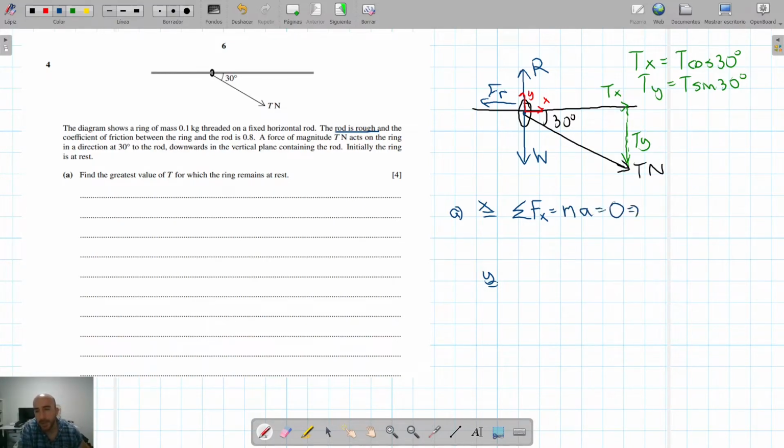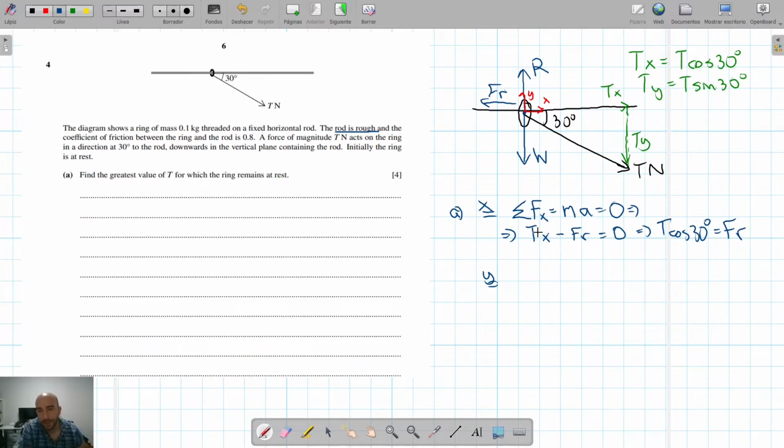Okay, so what forces are on the x-axis? Basically, we're going to consider right as the positive direction. So we have Tx minus Fr equals 0. So basically, T cosine of 30, which was Tx, equals our resistance force.